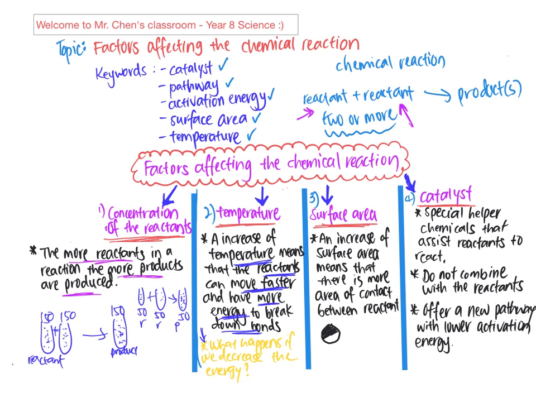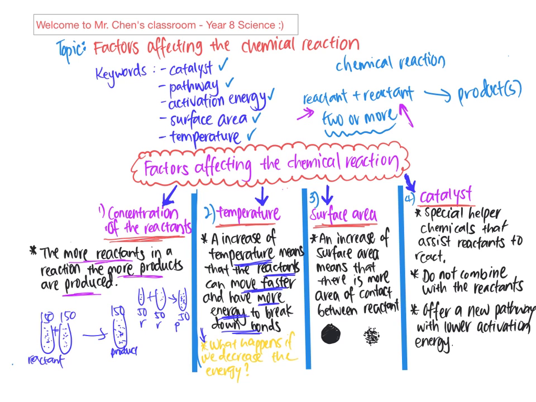I have another of the same solid, but this time I crunch it down. I literally use a pestle and mortar to grind it into powder. Which one do you think has a bigger surface area?